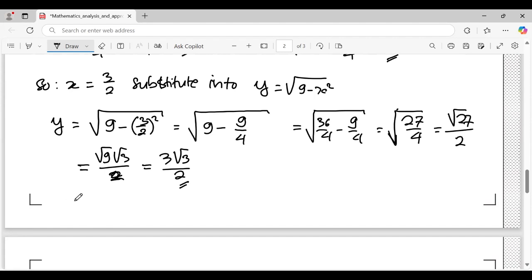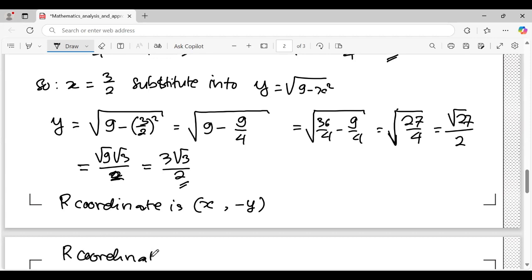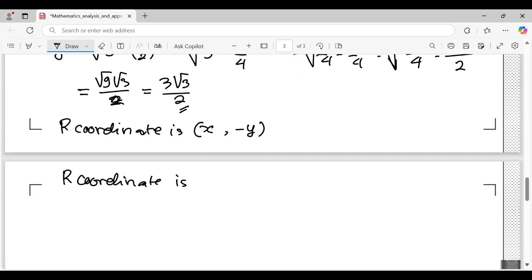Or we can state that the R coordinate is x comma minus y. So this means that the R coordinate is, wait, scroll down, okay.